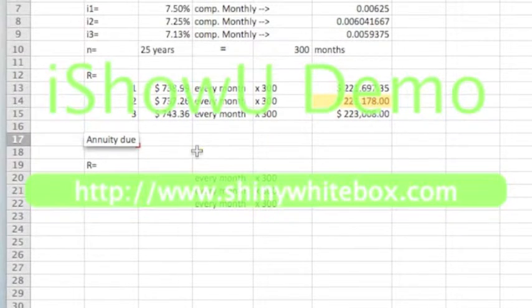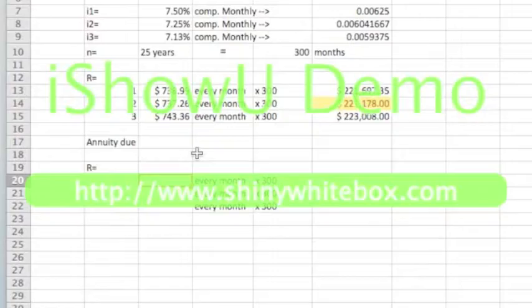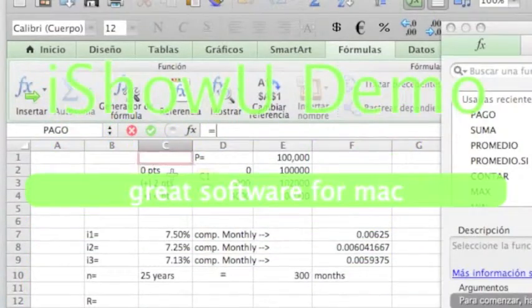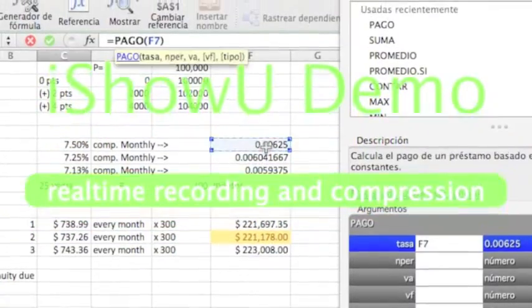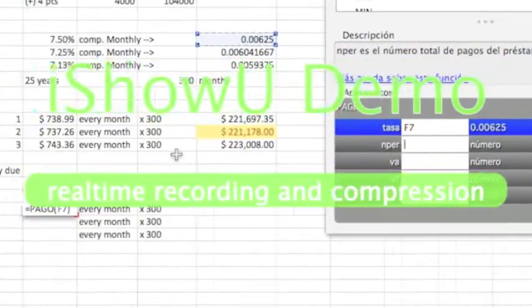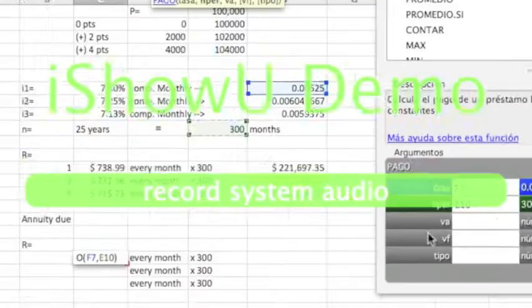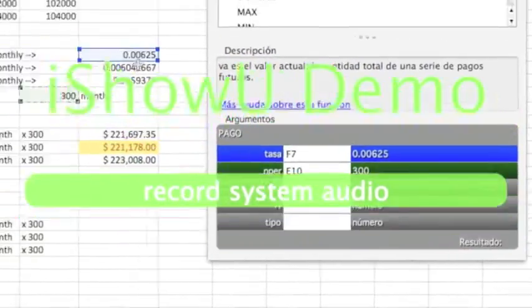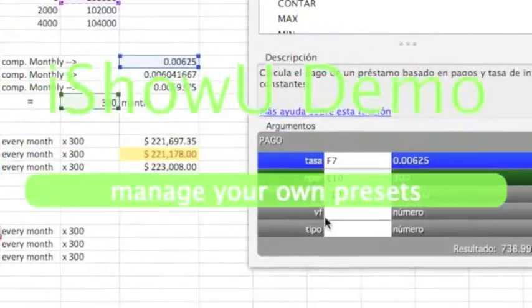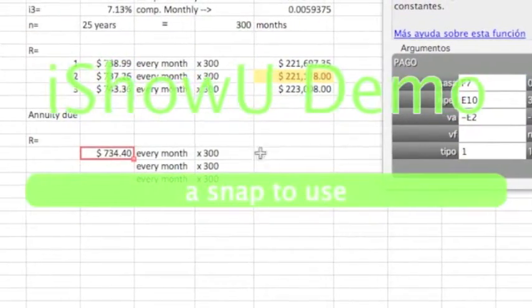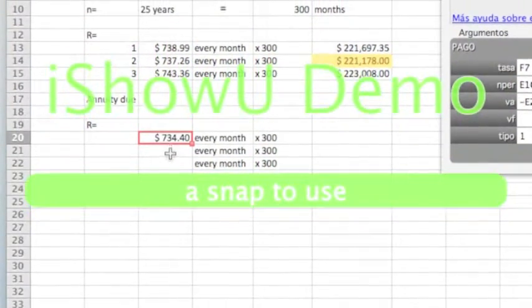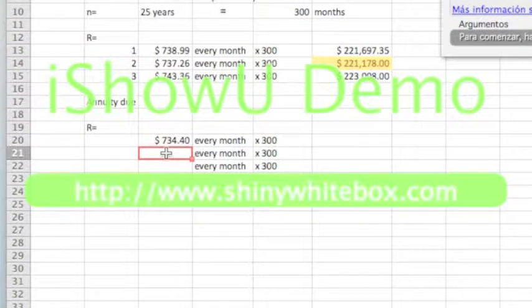Total paid. In option 1 we have 734.40 multiplied by 300, equal to 220,320.35. Option 2, 732.84 multiplied by 300, equal to 219,850.74.